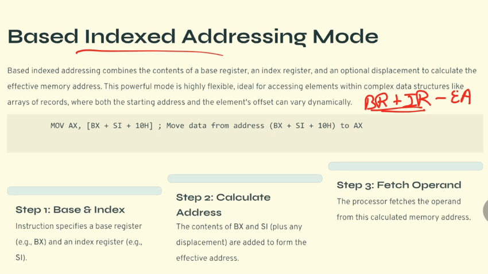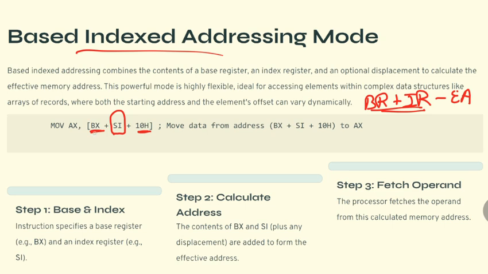So here we have the base register, that's bx. Then the index register, which I have shown here as si, the index register, and then this is my displacement, which is optional.